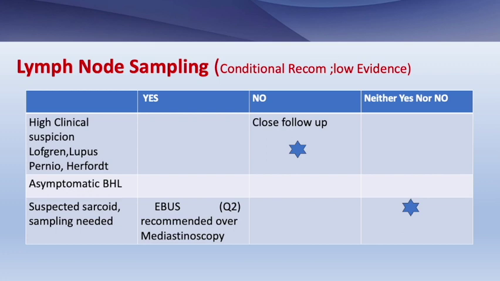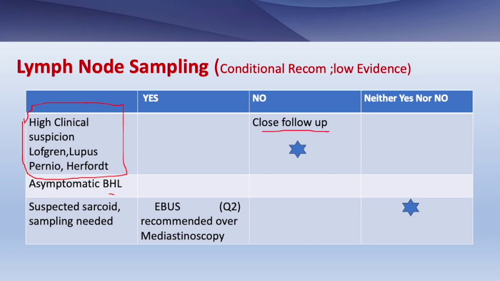Number 1, as I said repeatedly in this video, if you have a high clinical suspicion in one of these 3 syndromes, you may not do a lymph node sampling. But in case you do not do a lymph node sampling, you should make sure that you follow up this patient and see that the patient is not worsening and not showing signs of other organ involvement.